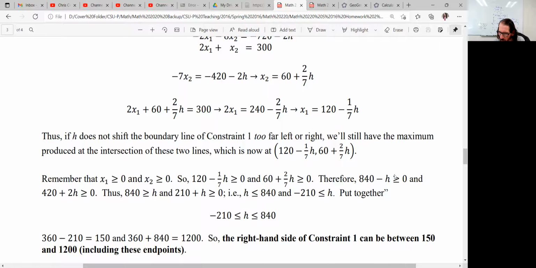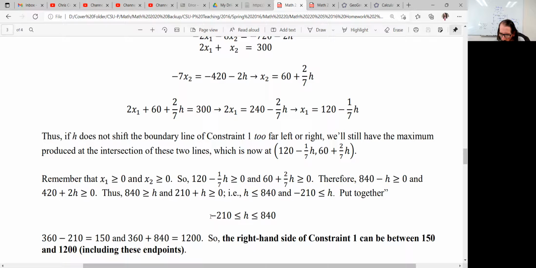So 840 has to be greater than or equal to H from the first one. And from the second one, let's see here, I could divide everything by 2, a positive 2, so that won't change the direction. 210 plus H from the first one. Subtract 210 from both sides and get that H has to be greater than or equal to negative 210.